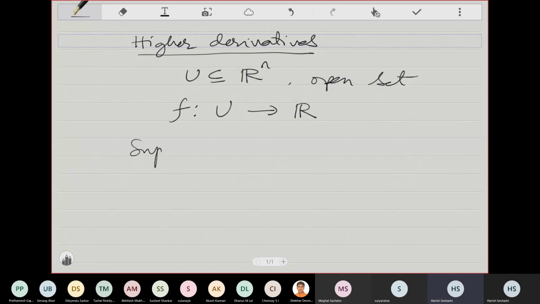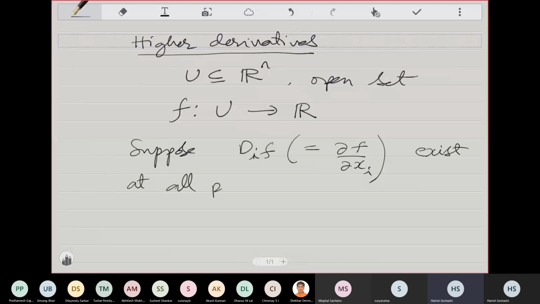Suppose D_i f exists at all points of U, for all i equals 1, 2 up to n.